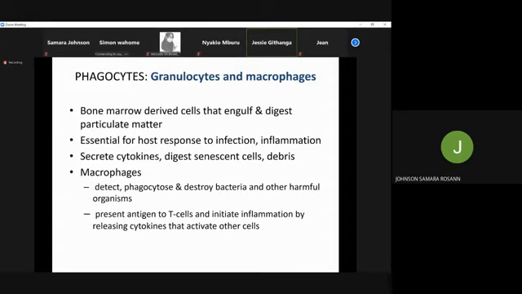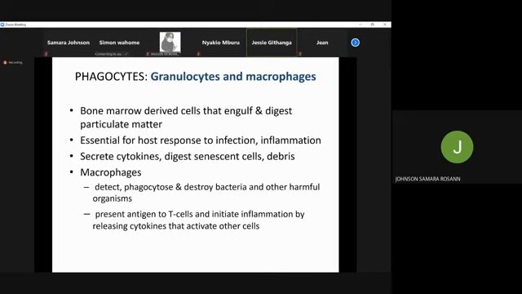Because the T cell itself does not respond directly to antigens. When this antigen is presented to the T cell by the macrophages, it will now bring on the T cell response.